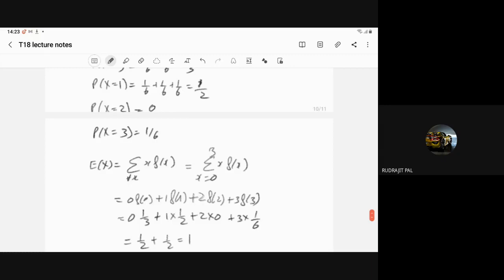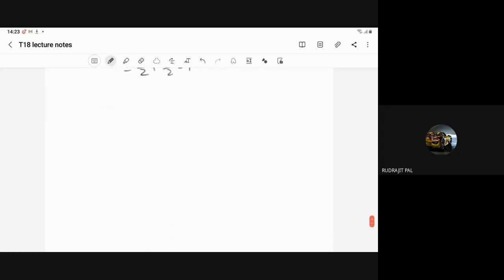So in this case, what is happening? We have the first child, that may be a boy, may be a girl. If it is a girl, then you have to wait for the next child, which may be a boy or a girl.